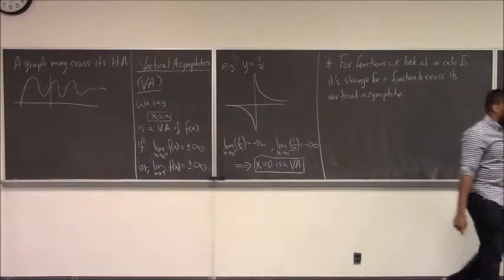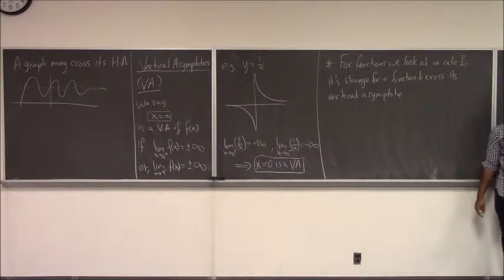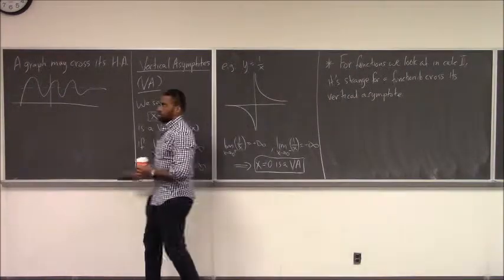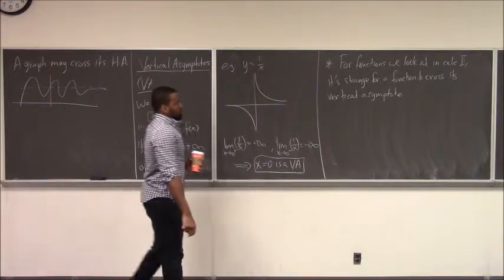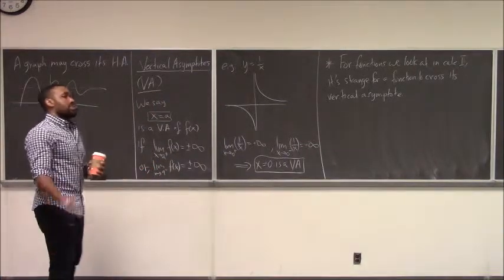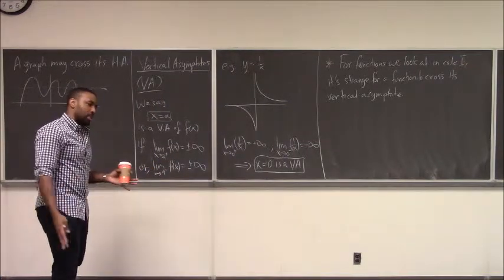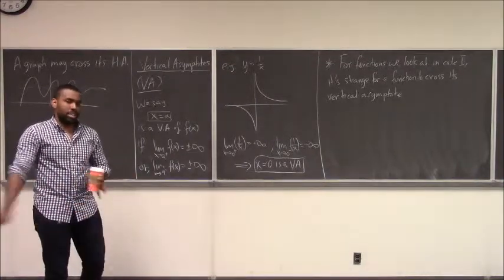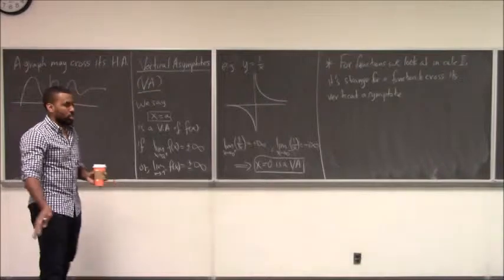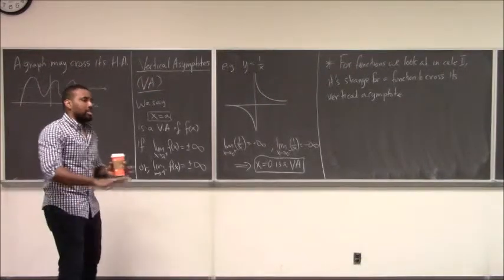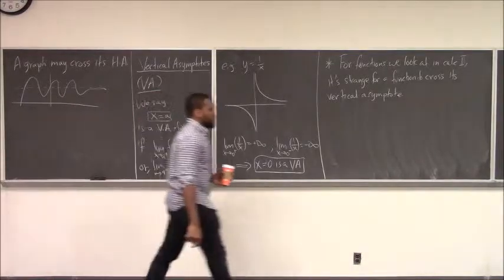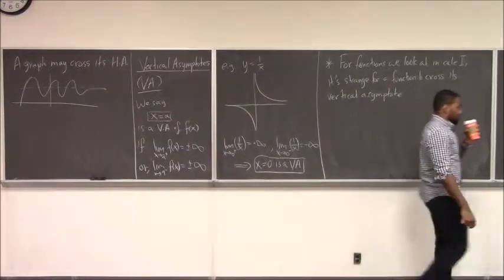Not that it can't happen, it's very strange for the kinds of functions we look at for that to happen. And it's not correct to think of it this way, but in this class you can pretty much assume you're never going to cross the vertical asymptote. I'm never going to give you an example where the function crossed the vertical asymptote. So for this class you can kind of say, oh, it's never going to happen, but in general it can happen. It's just that you'd have to be a strange function.